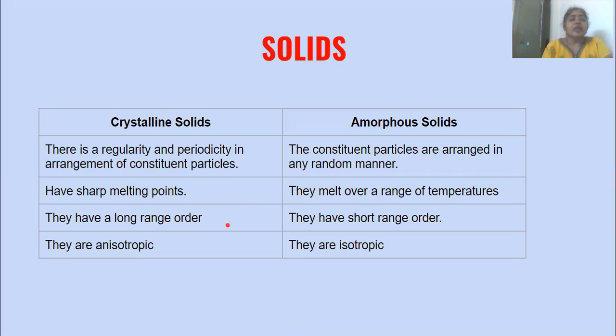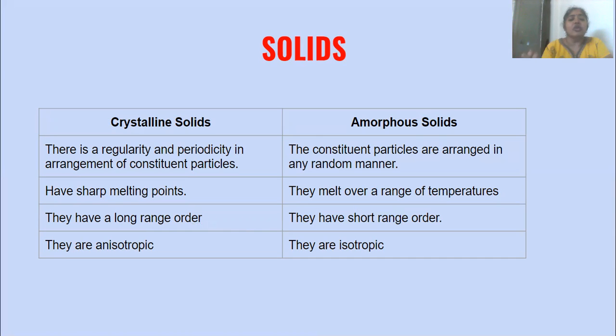All right. Then the crystalline solids are said to be of long range order, because when you look at a crystalline solid, the orderly arrangement of particles repeats over a long distance. Over the entire solid, whatever amount of sample you may take of the crystalline solid, the repeating pattern is observed for large distances. So it is said to be of long range order. Whereas in amorphous solids, if at all you happen to see a pocket of orderly arrangement, it may be repeating only in some places.